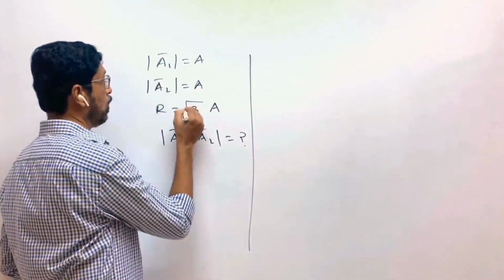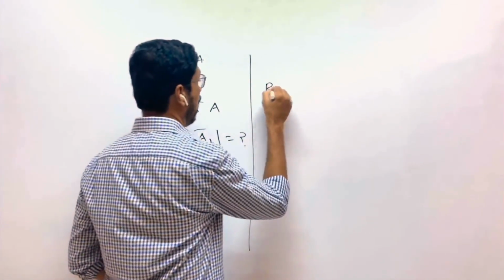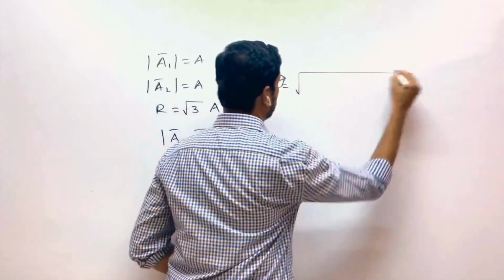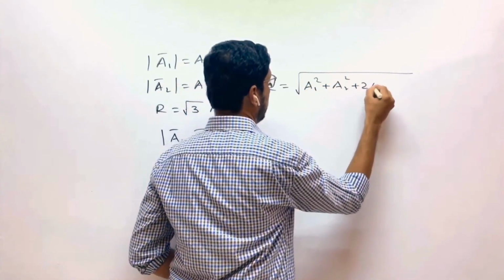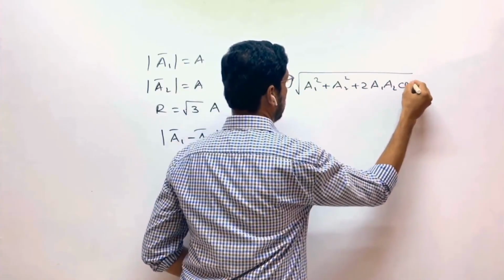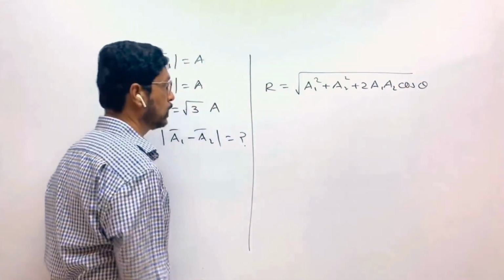A1 minus A2 का magnitude हमको find करना है. So from the first condition, R is equal to under root A1 square plus A2 square plus 2A1 A2 cos theta.